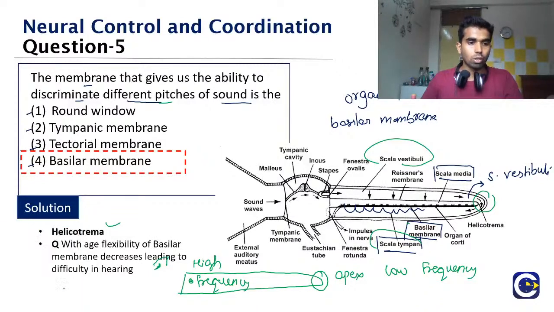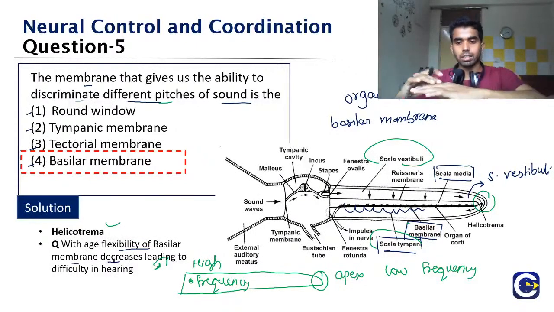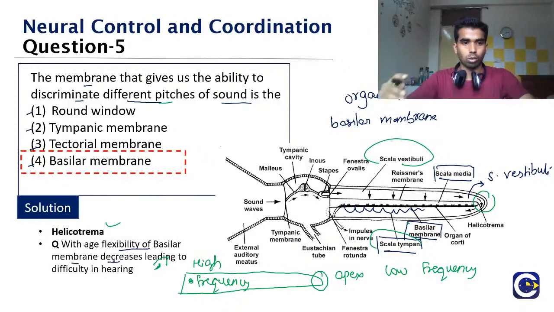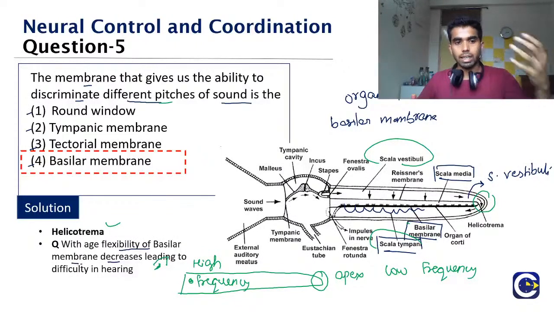It is because with age, the flexibility of the basilar membrane decreases, and that is why with sound the basilar membrane doesn't move, and because it doesn't move, the hair cells also do not move at all, and as the age increases, the hearing power of old people decreases. It was also asked, so it is option D.